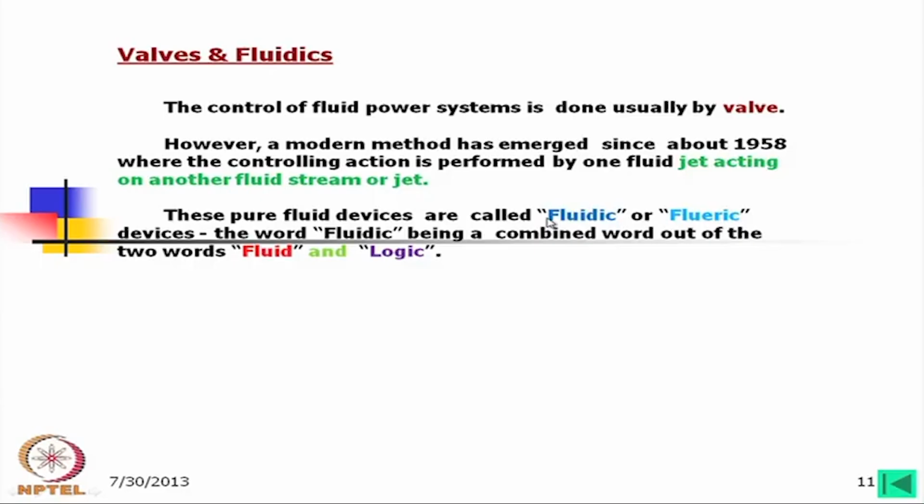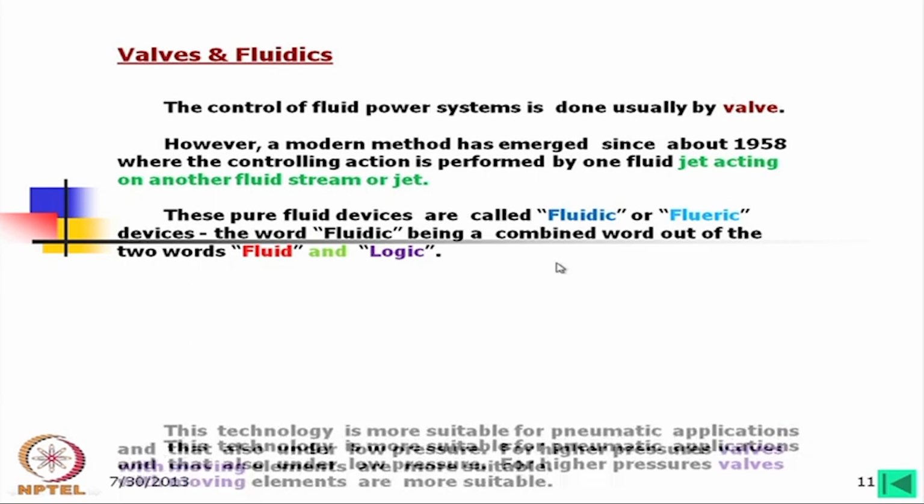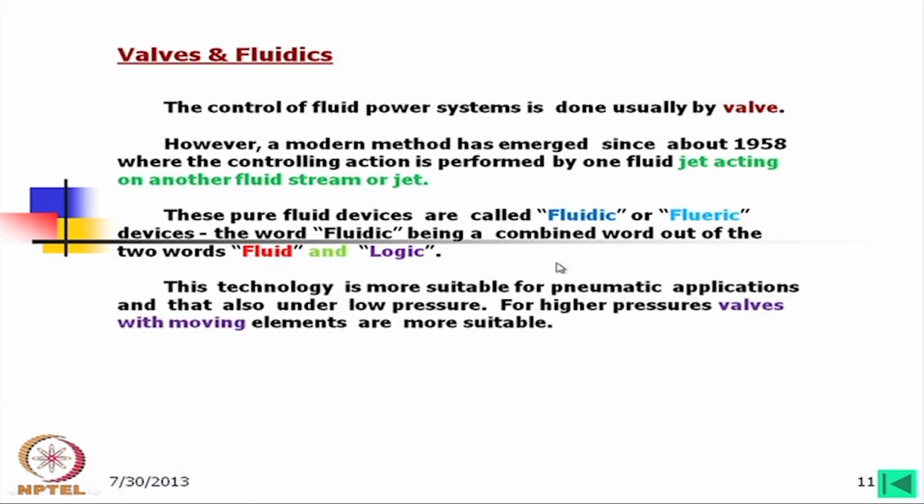However, where pneumatics was used, there we could use the fluidic devices also as a valve. This technology is more suitable for pneumatic application, and that also under low pressure. For high pressure, valves with moving elements are most suitable.